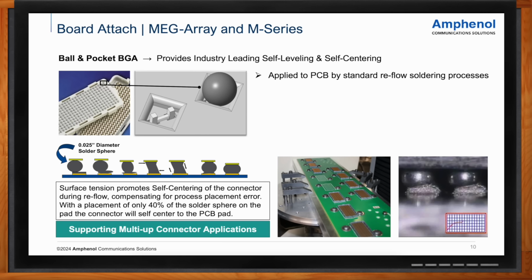We're able to place them, they reside within that pocket, we reflow them onto the contact within that pocket. We 100% inspect every connector, every solder sphere within every connector with AOI, with automated laser inspection equipment, for true position and height of that solder sphere.